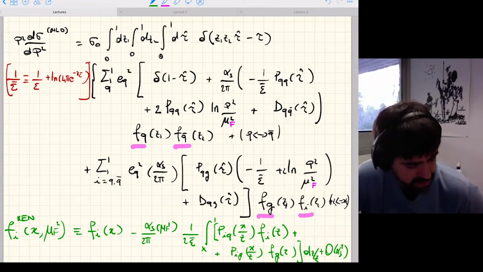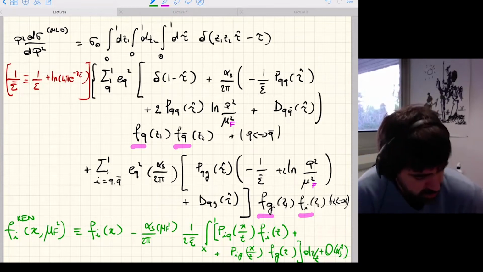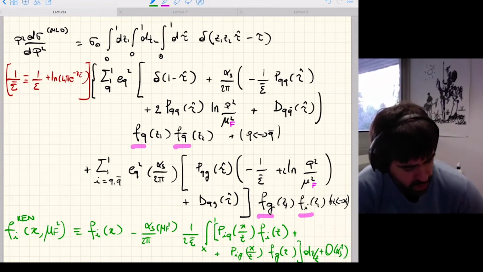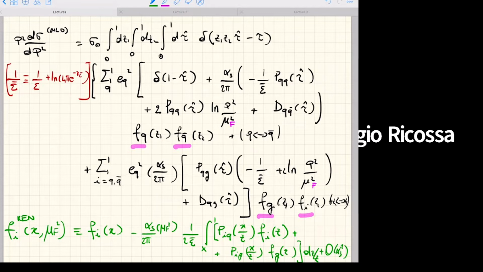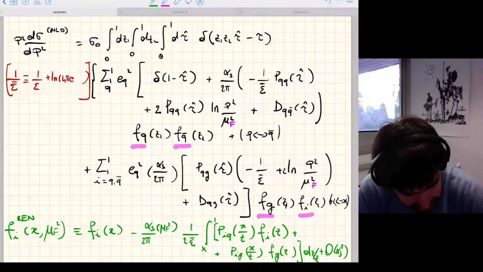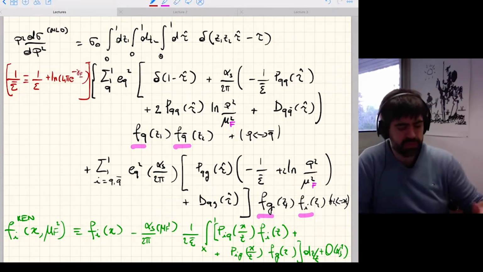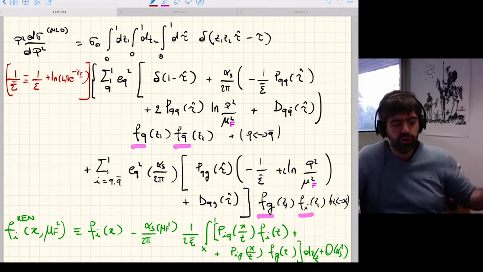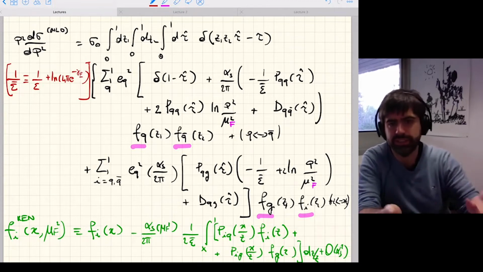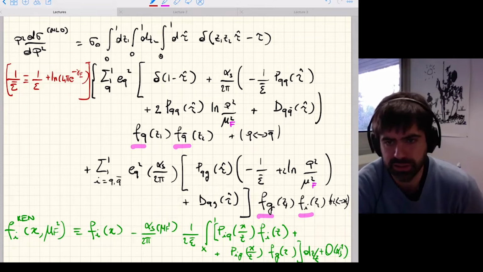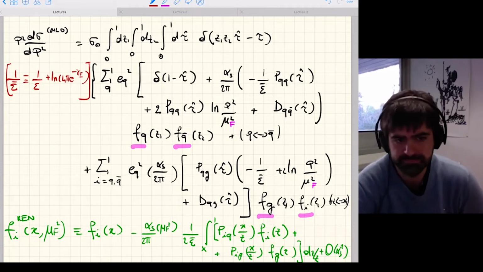I just said what I meant by 1 over epsilon bar: 1 over epsilon plus this log of 4 pi e to the minus Euler gamma. You're right, this is written in a horrific way. Sorry about that. It's just to define the symbol: when you do MS-bar subtraction, you always subtract the poles and this constant log of 4 pi. Yeah, thank you very much.